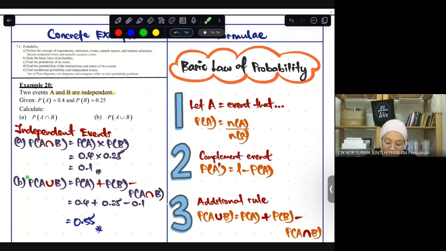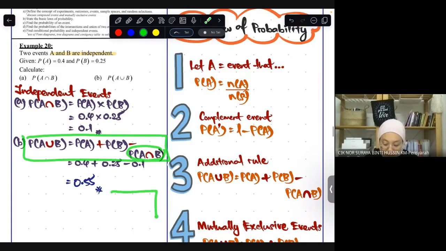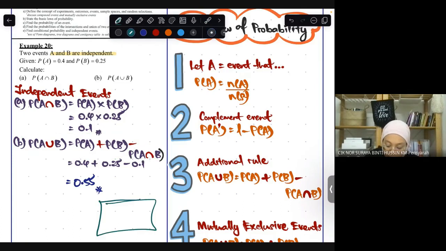So independent event, kalau dia kata independent events, dia mesti akan ada intersection point di mana dia punya lukisan of the Venn diagram adalah bersambung, okay? So that's why dia ada intersection point, okay? The intersection probability of A intersect B iaitu 0.1.